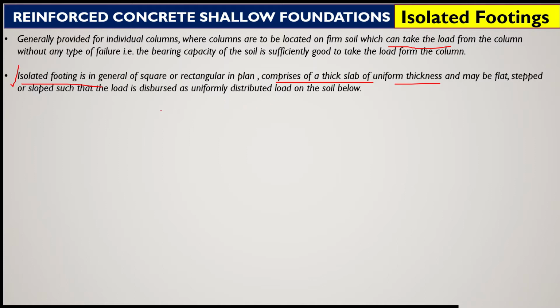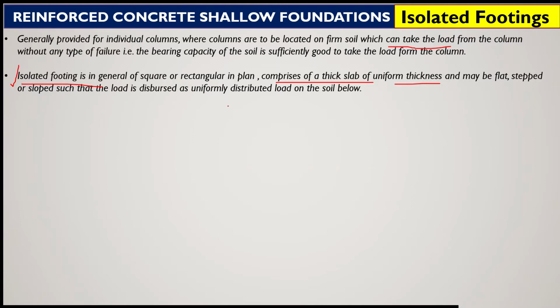So that means isolated footing is designed in such a way that the foundation is also a slab, and on that slab the column is placed, and the column will transfer the load to the slab, that is called the footing, and the load coming from the column will be uniformly distributed on the soil beneath the footing so that the load can be transferred without any type of failure or without any type of differential settlement.